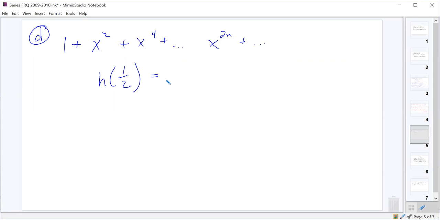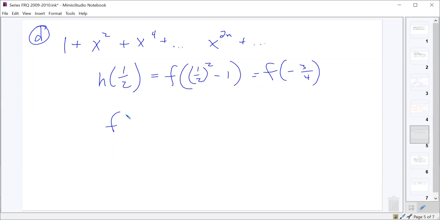H of 1/2 should be the same as f of what value? 1/2 squared minus 1, right? That's what h of x is. H of x is f of x squared minus 1.